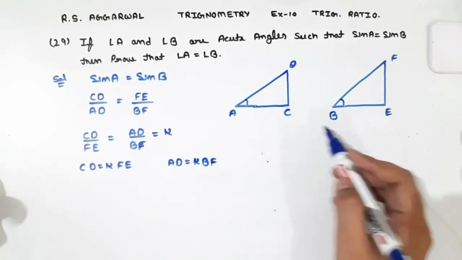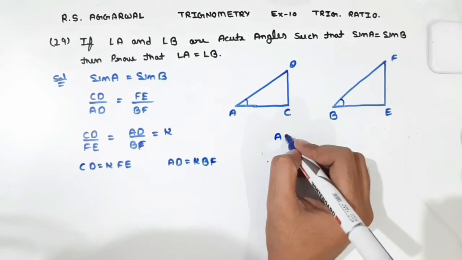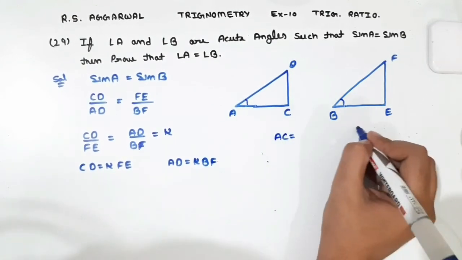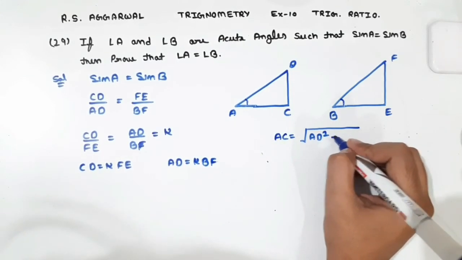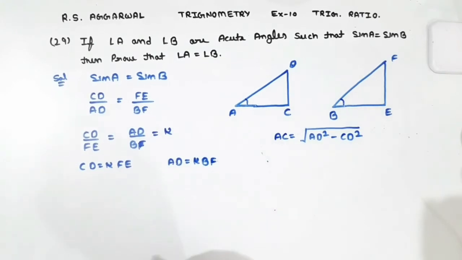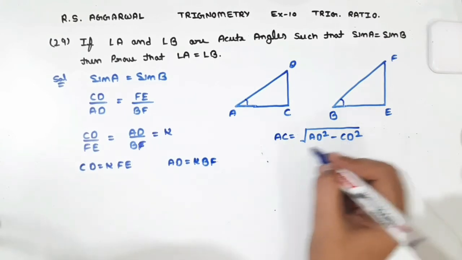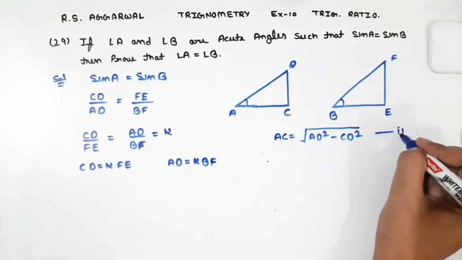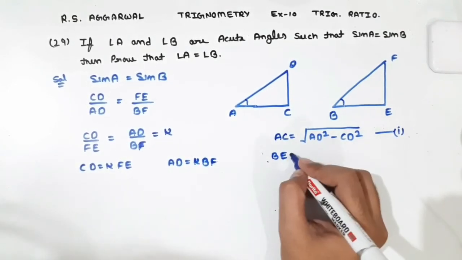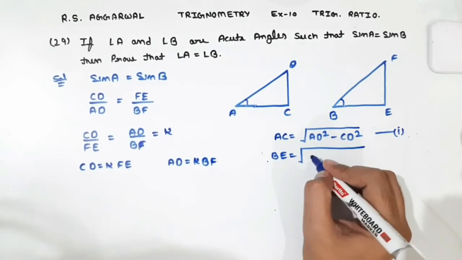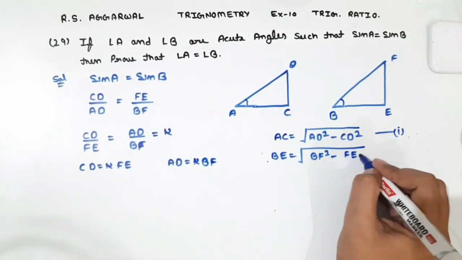So in triangle ACD and BEF, AC will be equal to under root AD square minus CD square, and this is equation first. And BE will be equal to under root BF square minus FE square.